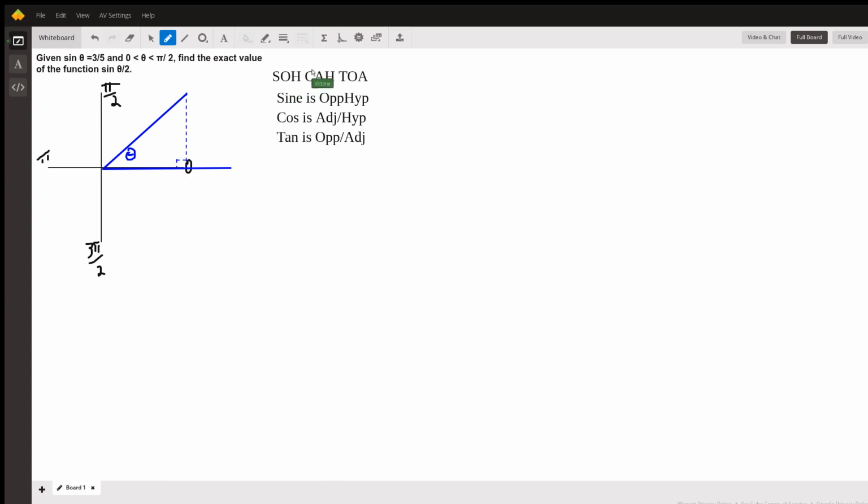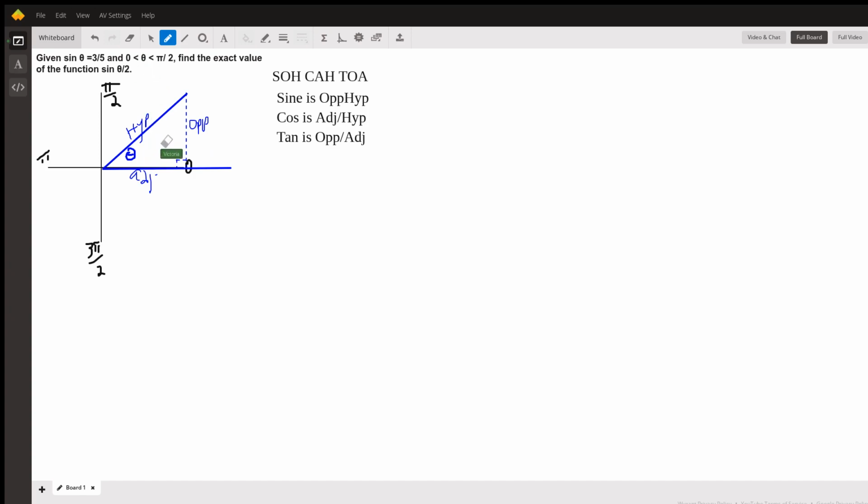And so we can use SOHCAHTOA, that the sine is the opposite side over the hypotenuse, and that the cosine is the adjacent side, right down here, over the hypotenuse. So this is the hypotenuse, this is the opposite side, and this is the adjacent side.